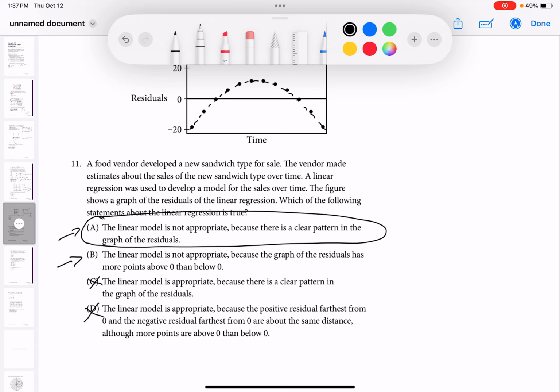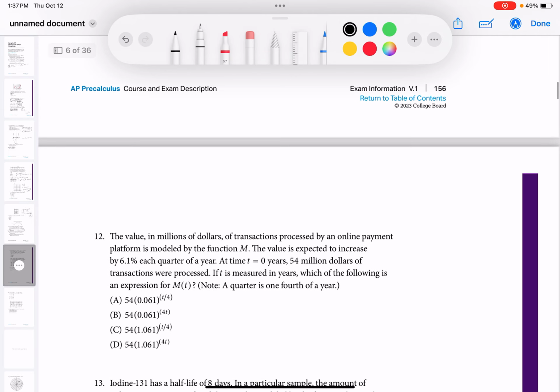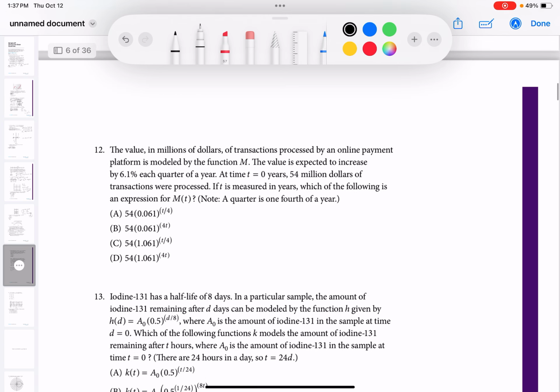All right, let's go to problem number 12. And 12, I often get confused reading these problems because they're using things about quarter years and things like that. But it says the value in millions of dollars of transactions processed by an online payment platform is modeled with a function m.